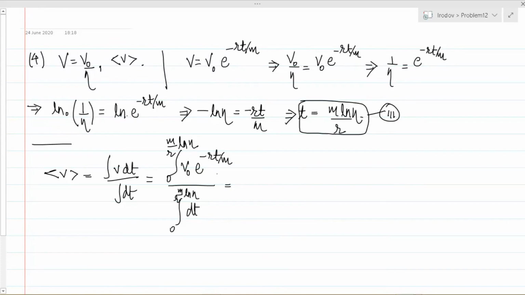See, we are only talking about the time that the velocity reduces to a value v naught divided by eta. Okay, so we are putting the limits accordingly. The time we've already calculated is equal to m by r ln eta. So we're going to use that.